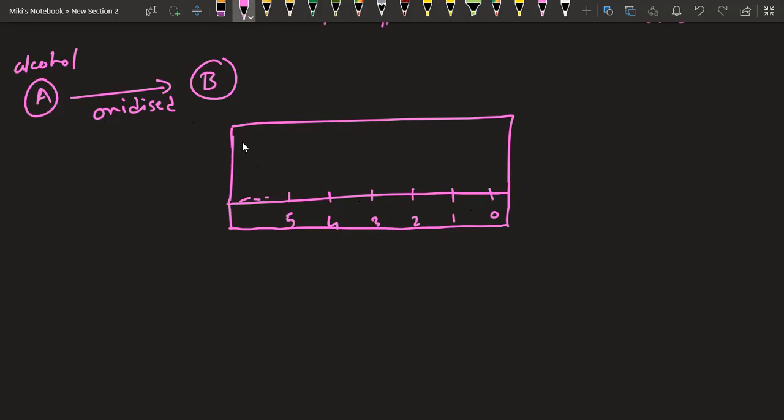Now, they have mentioned that this is the HNMR graph of an alcohol, okay? So that means this is compound A. Then we have over here, and over here, some information, okay?